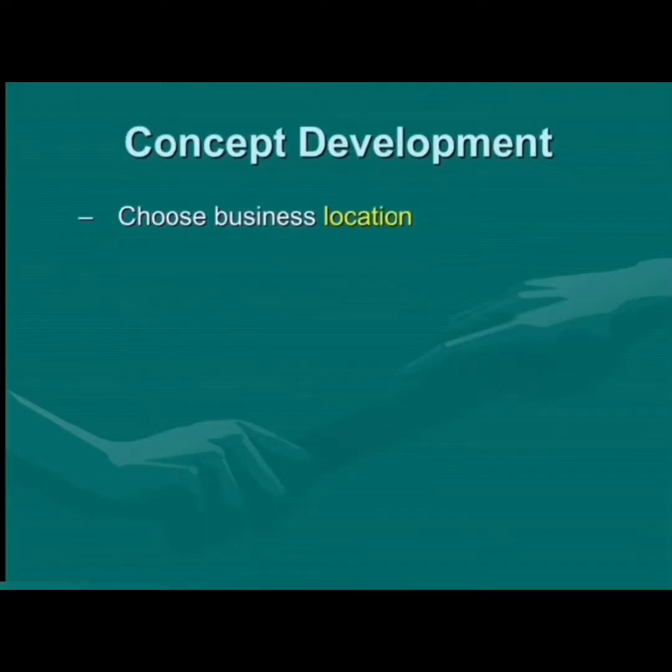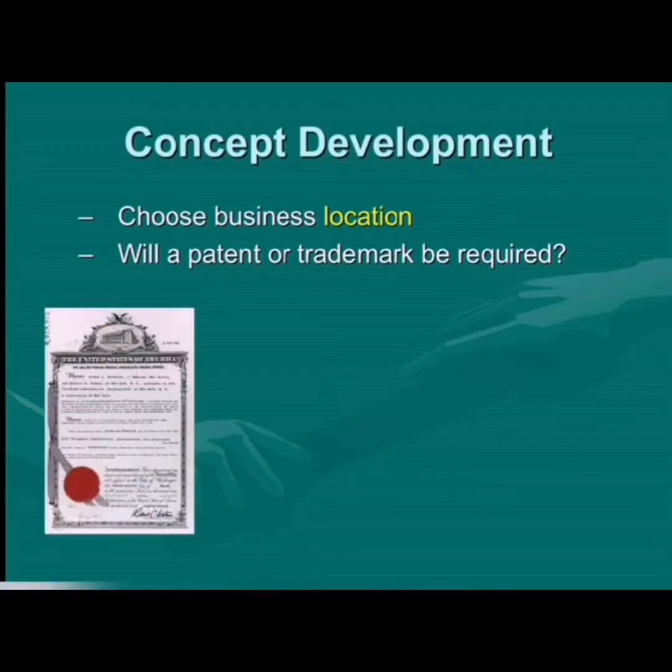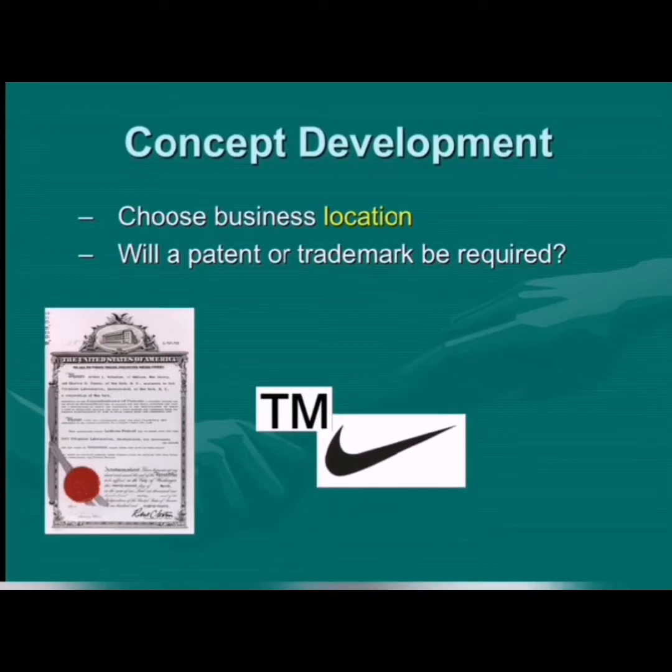Now in the concept development process, choose a business location where it is possible. Will a patent or trademark be required? Here are a few specimens or signs regarding patents and trademarks.